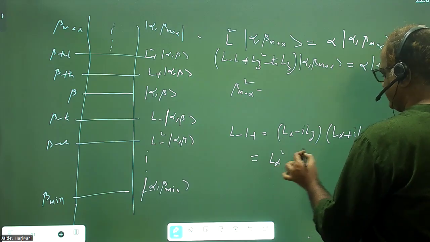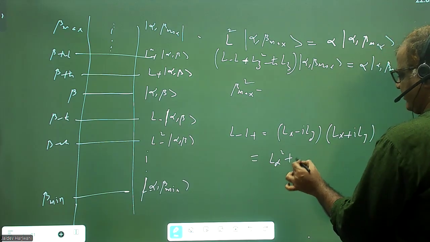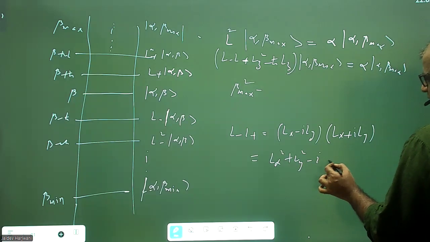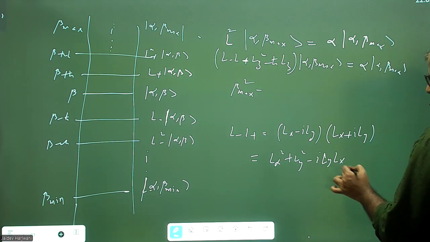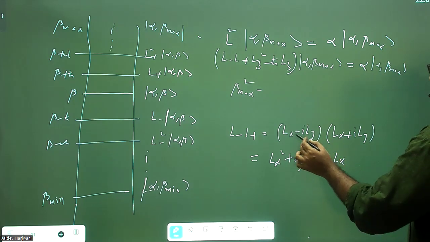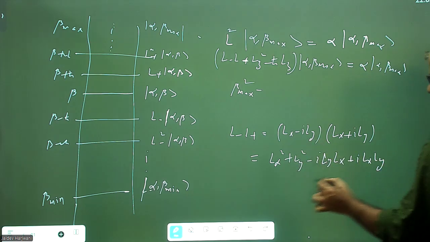So this is Lx square plus Ly square, and then you have minus iota Ly Lx, and plus iota Lx Ly.